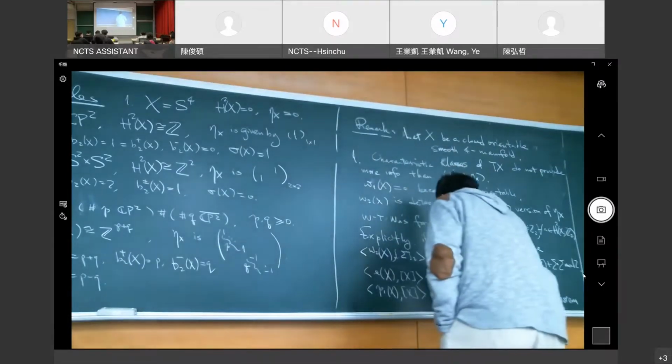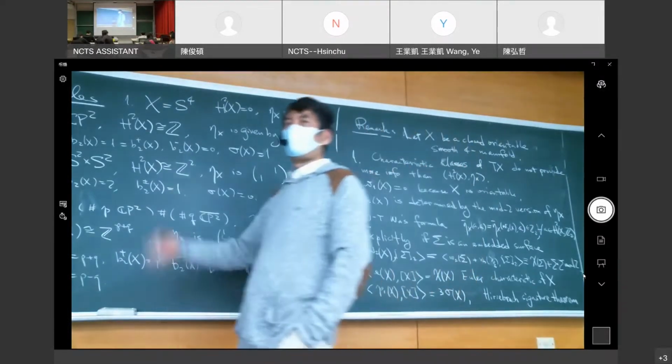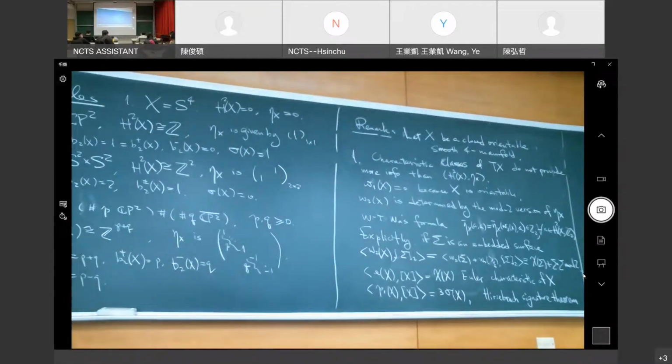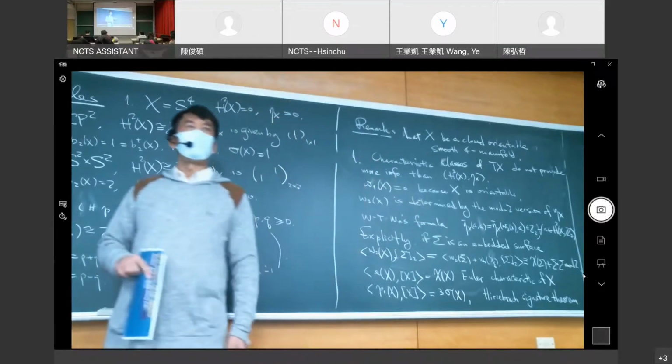And that is 3 times the signature of X. And again, that is also completely given by the intersection form. So what I said is there's nothing new other than the intersection form if I consider more fancy things.